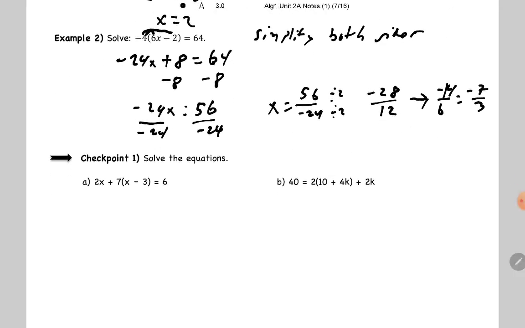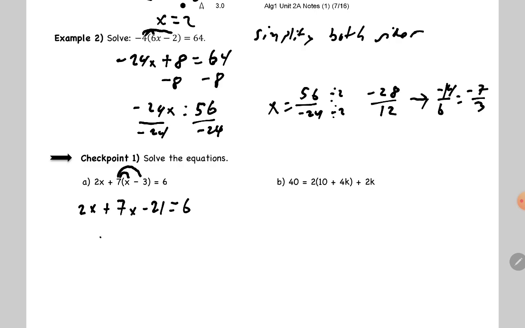Let's do another one. 2x plus 7 times the quantity x minus 3. Make our rainbows. So 2x plus 7x minus 7 times 3, which is 21, equals 6.